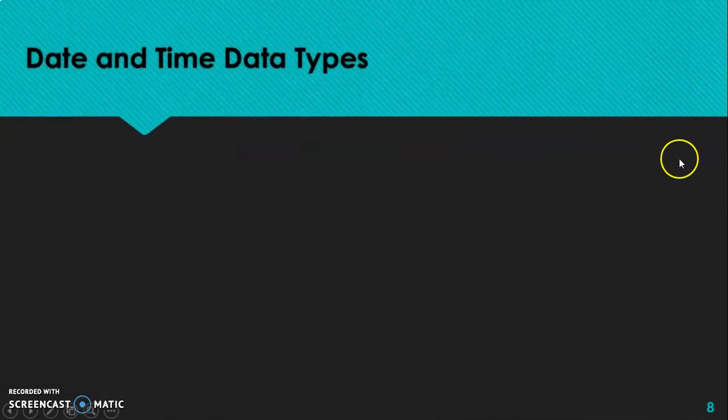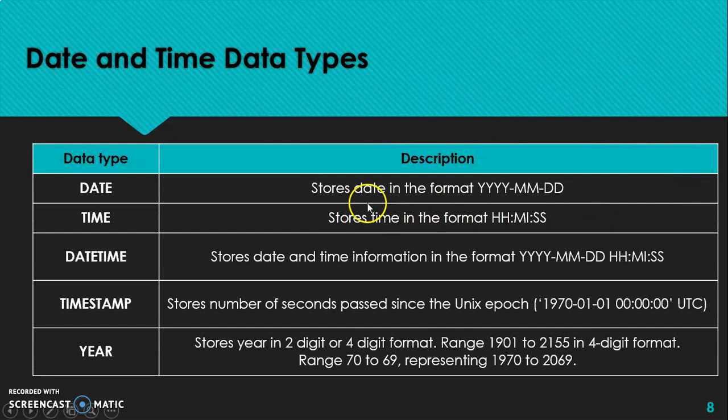Then we have date and time data types, of which the first is date, which stores the date in the format YYYY-MM-DD. That is the first 4 characters for year, the next 2 characters for month, and the next 2 characters for day. Then we have time, which stores the time in the format of hours, minutes, and seconds.